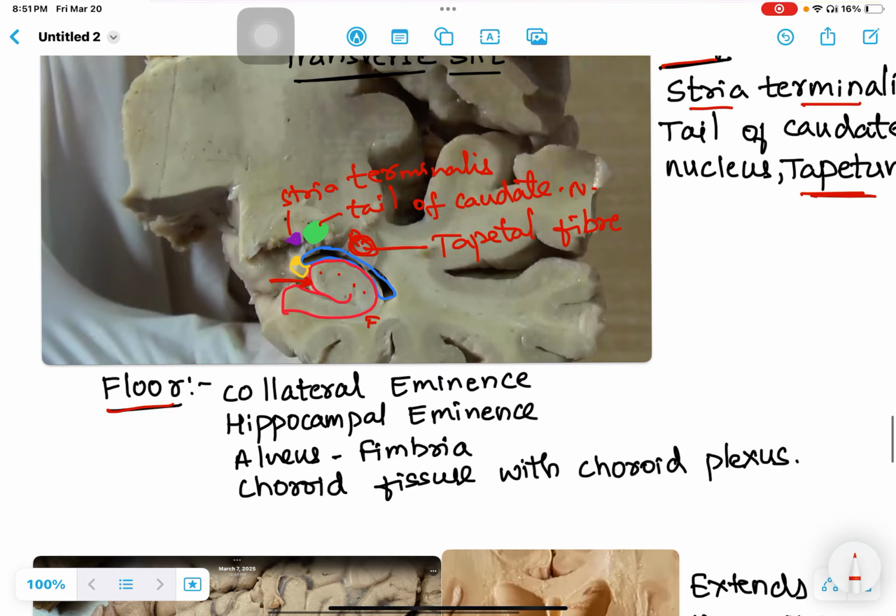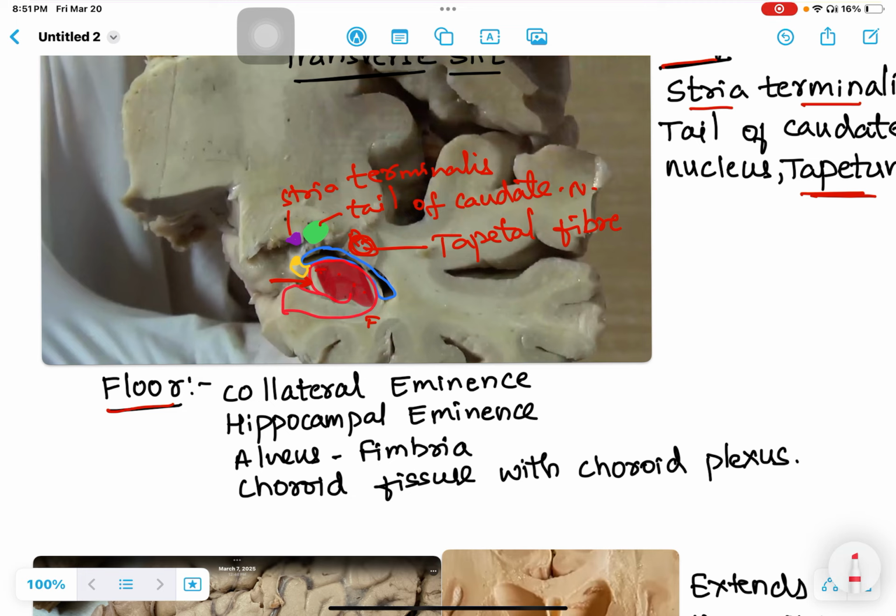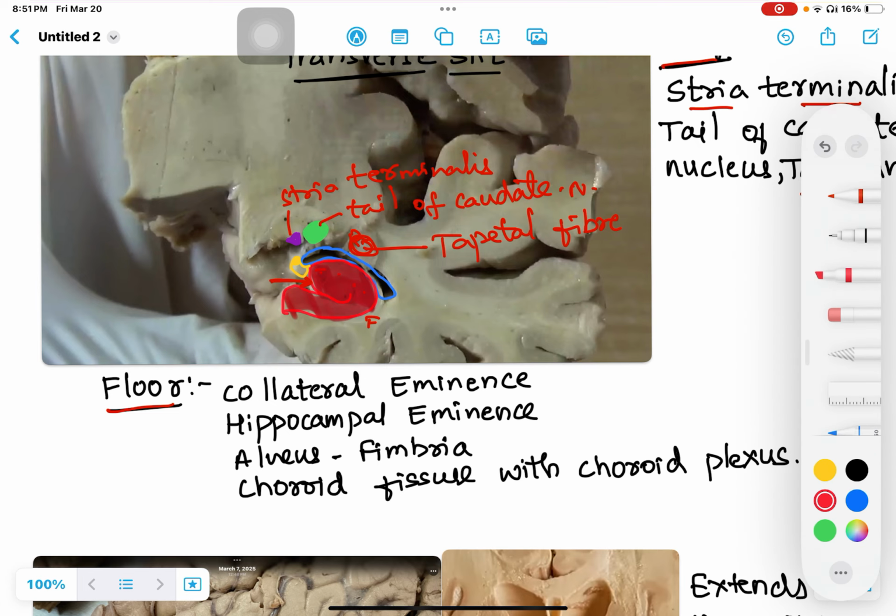Then the floor is mainly formed by the hippocampus. That is the hippocampal eminence. Adjacent to that, you can see one more small eminence called the collateral eminence.